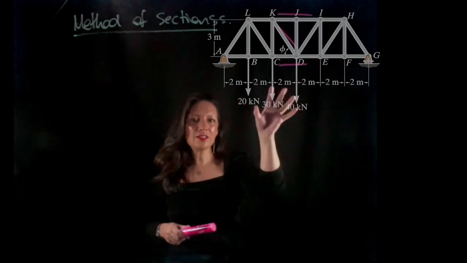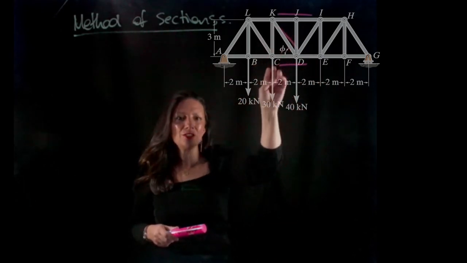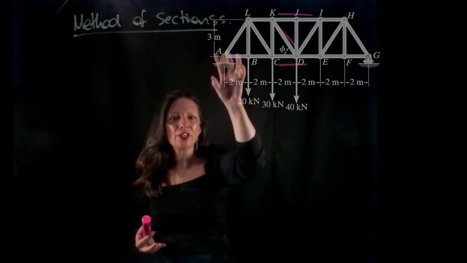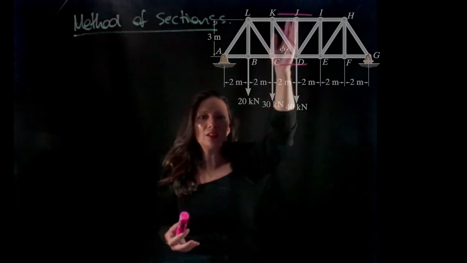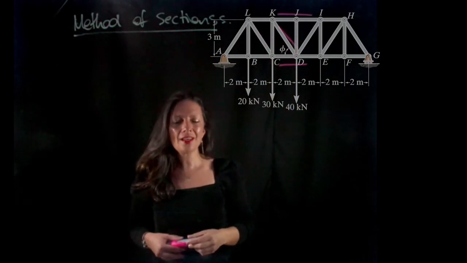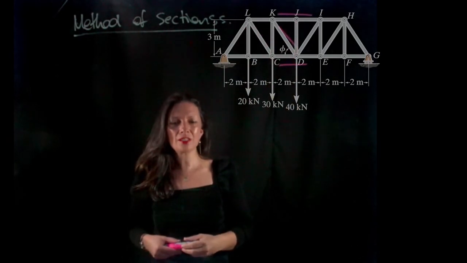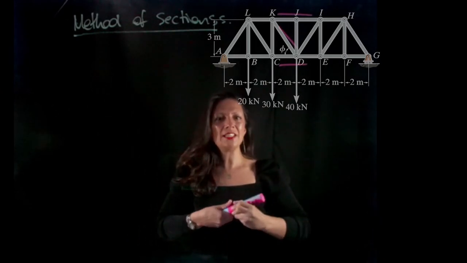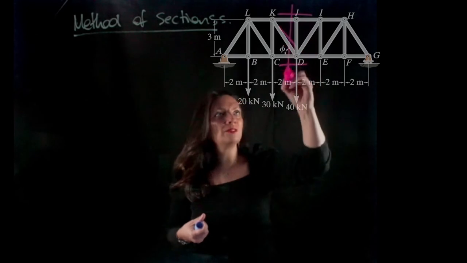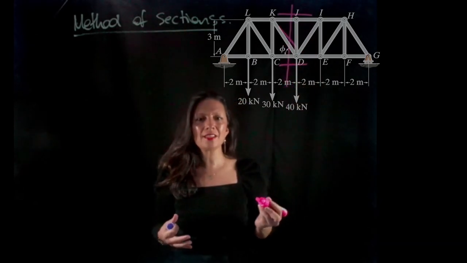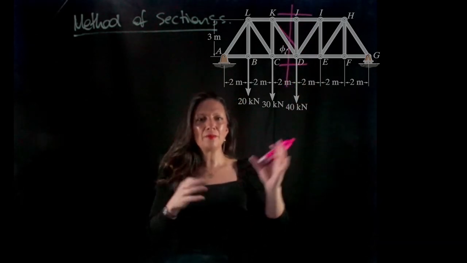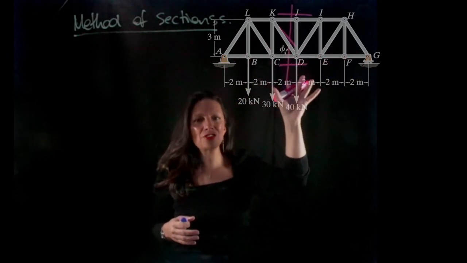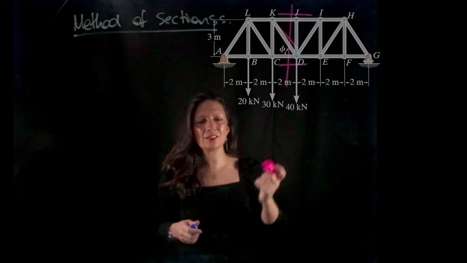So to find the force in each of these members, if I was going to use method of joints, I'd have to go through each joint until I got to the middle of the truss, and that's going to be quite a lot of work. So there's a simpler way to do this. We can actually take a section through the truss and then have two problems, and we can use either side to actually analyse the force in these members.